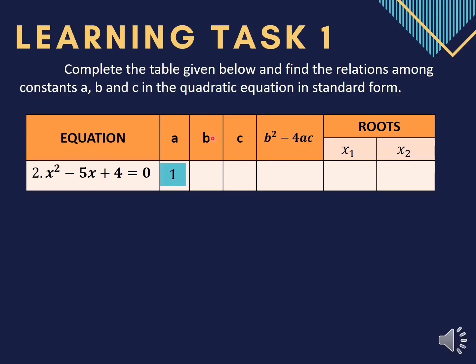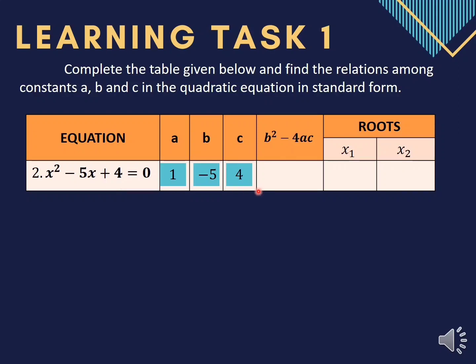How about b? That is the numerical coefficient of our linear term, and that is negative 5. Please don't forget the negative sign, okay? And the constant term, or the value of c, is equal to positive 4.